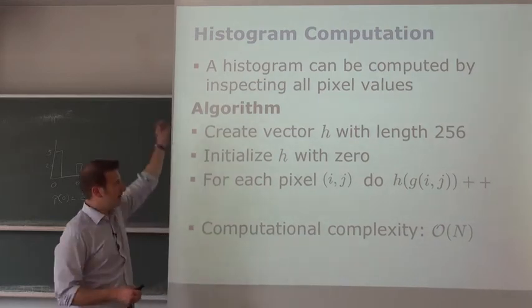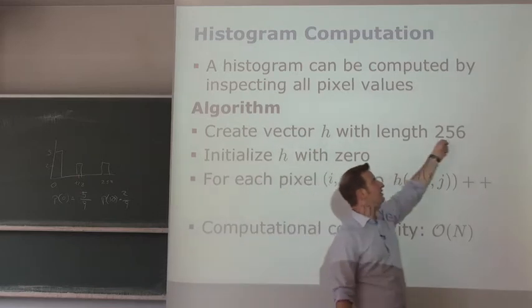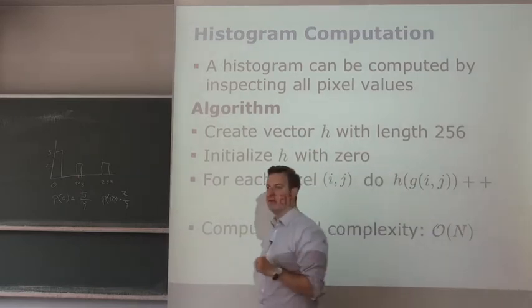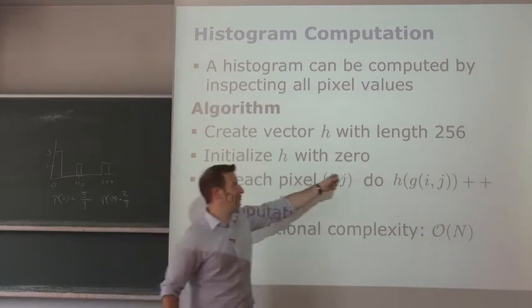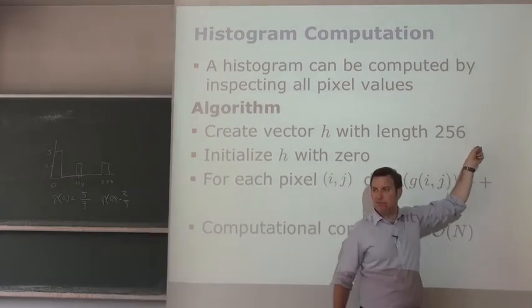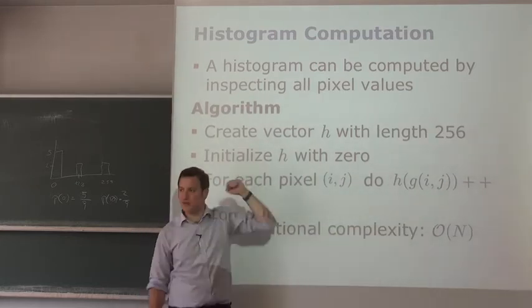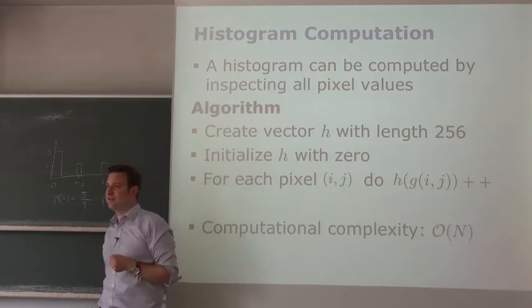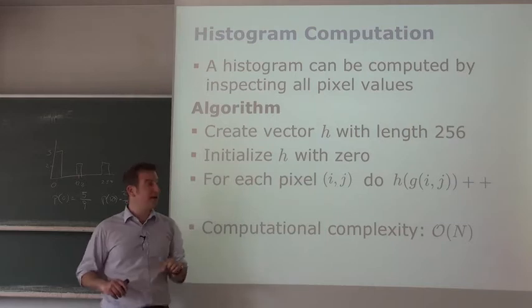Okay, and the algorithm, as I said, works very straightforwardly. I take a vector h with length 256. If I would use a 16-bit image, this would be 65,000 plus something. I initialize it with 0, so I have to visit every element of this vector once and set its initial value to 0, if my compiler doesn't do that for me automatically.